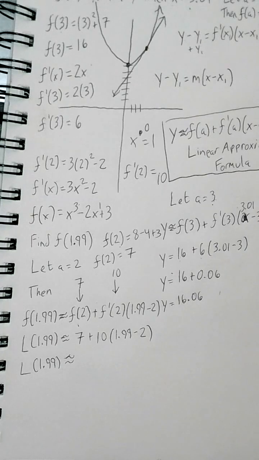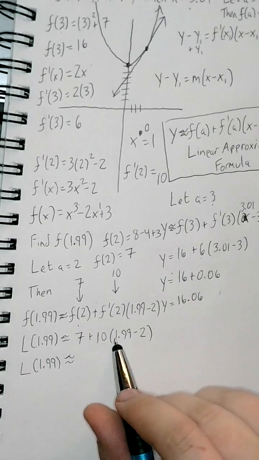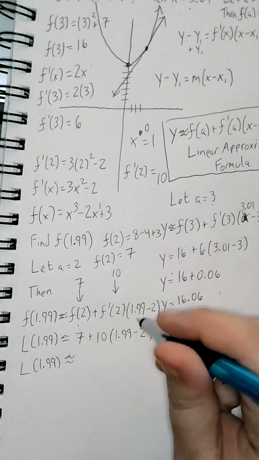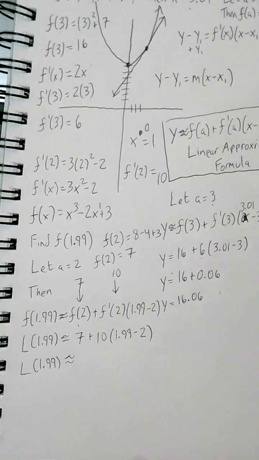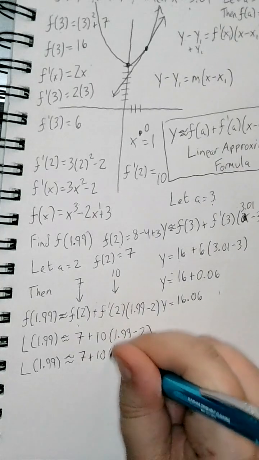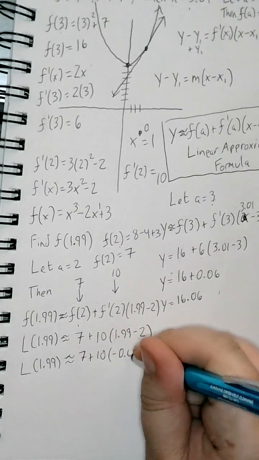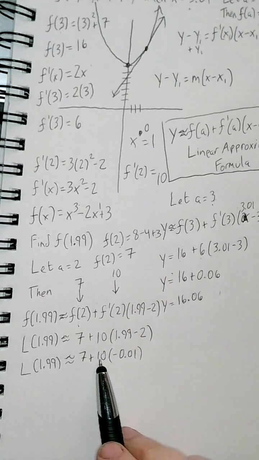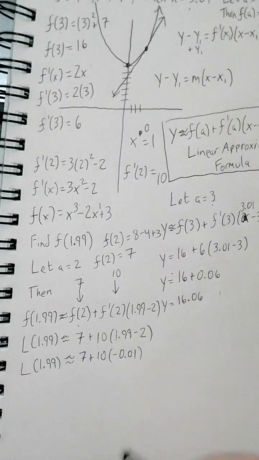Joy says 24.99. Do we have agreement? Alex agrees. All right. So I have 1.99 minus 2 gives me negative 0.01. So this would be 7 plus 10 times negative 0.01.